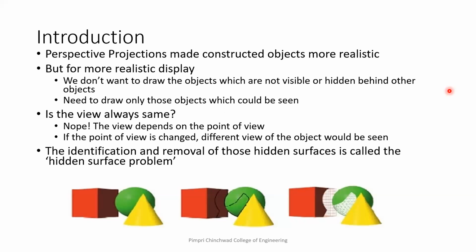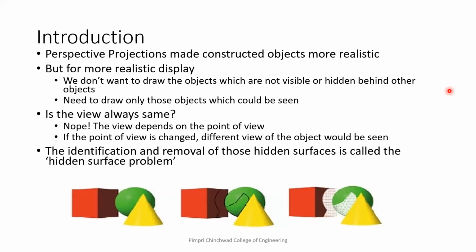Again, when he enters the palace through the entrance door, then only can we see the inside of the palace. So depending upon the point of view, the display view will change. If the point of view is changed, the view of the object would differ, but the whole scene will be stored in the object space, right?